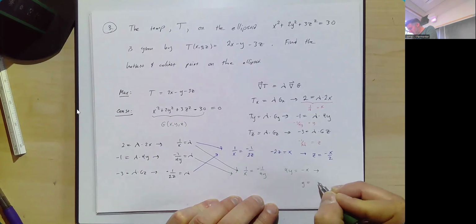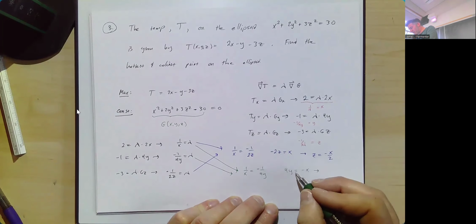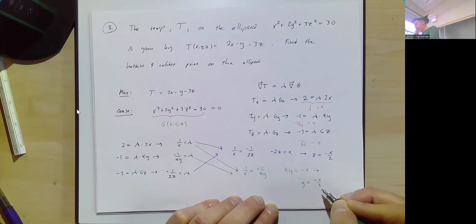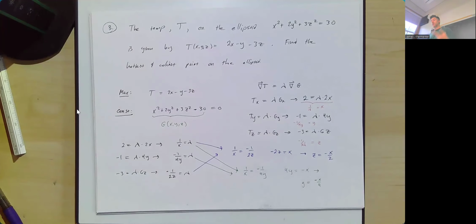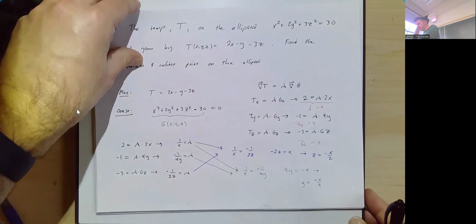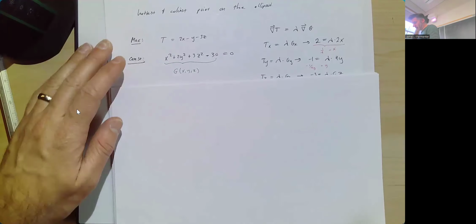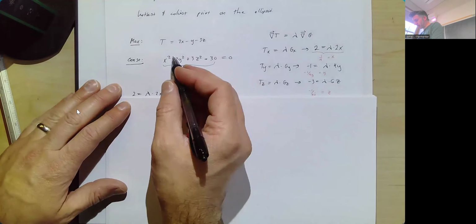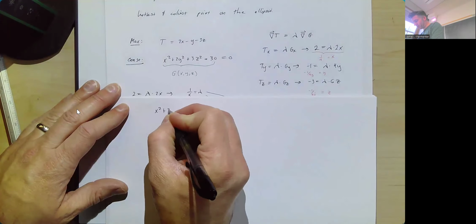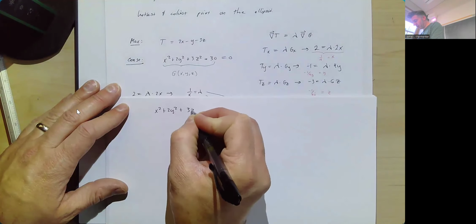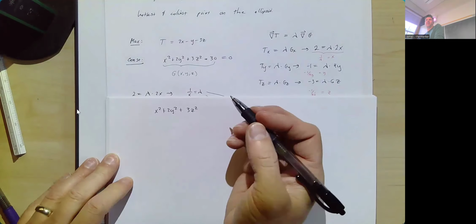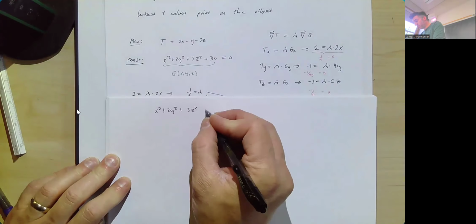So in each of these, we solve for our variables in terms of x. So I'm getting z equal to -x over 2 and y equal to -x over 4. And then I'm going to plug those back into my constraint to solve for x. Plugging into my constraint, instead of x squared plus 2y squared plus 3z squared minus 30 equal to 0, I would rather write equals 30.